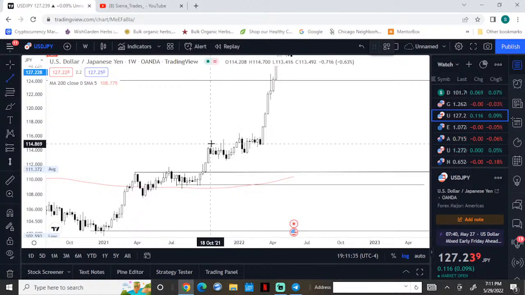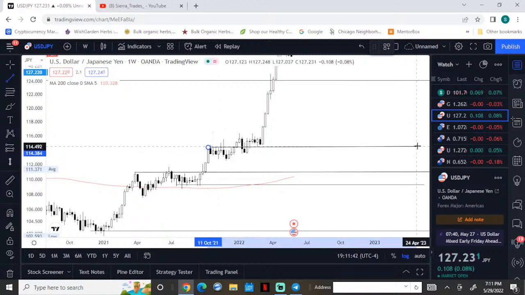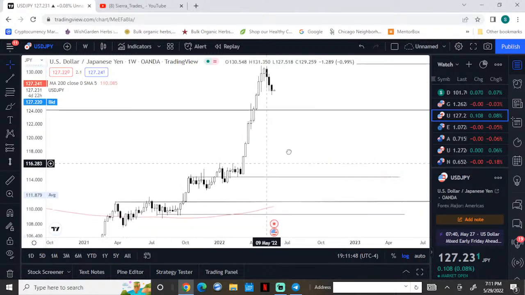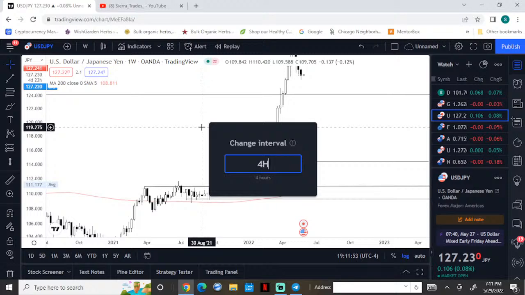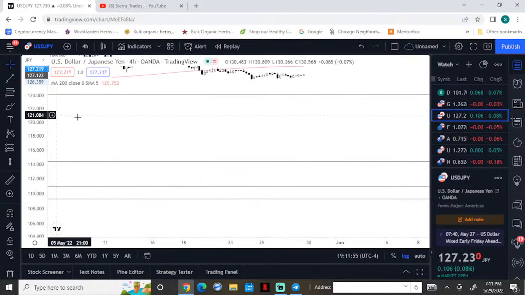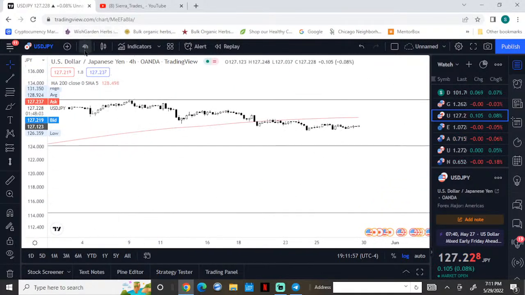And we got the same over here. I'm gonna mark it right there. So we got touches on both sides right there. Now we'll come back to the 4 hour. No, we won't.